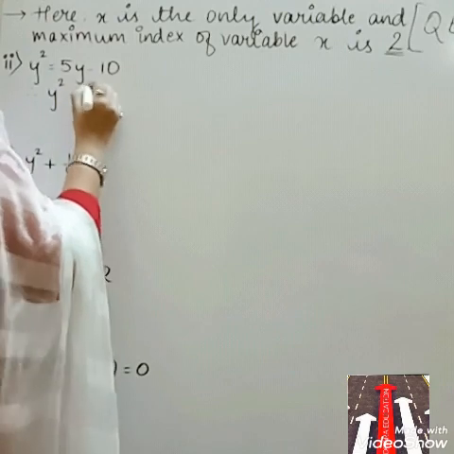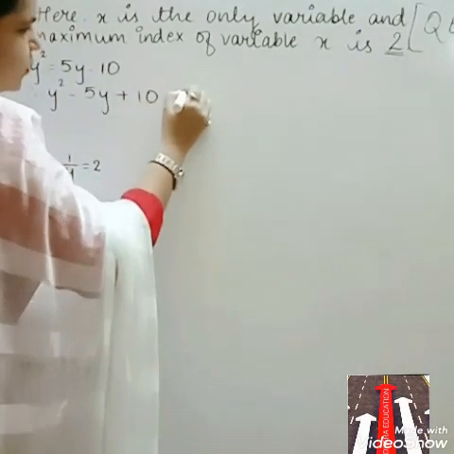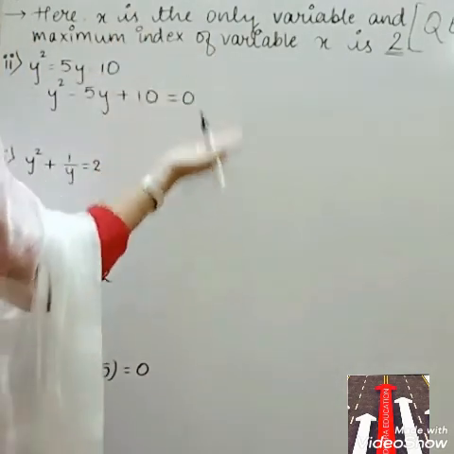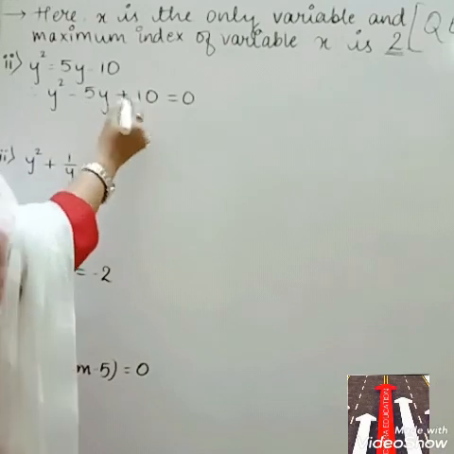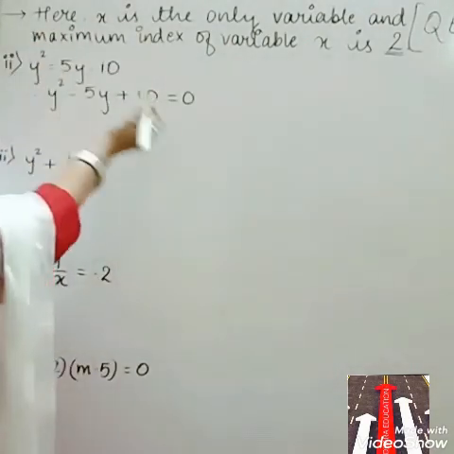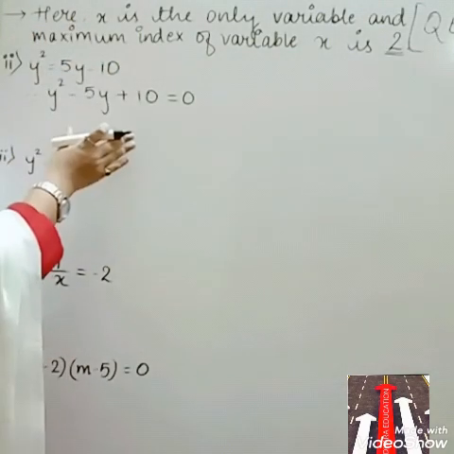So minus 5y plus 10 is equals to 0. Why am I writing this? Because here it is minus 10. So when it comes to the left hand side, it will be plus, that is positive 10 is equals to 0.